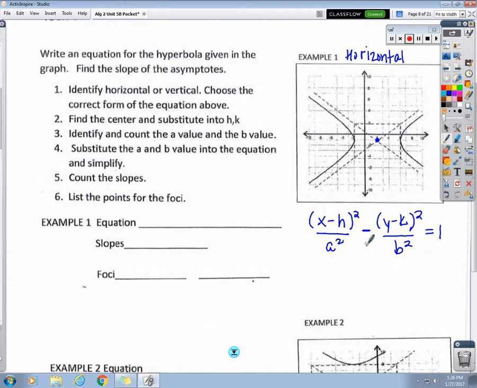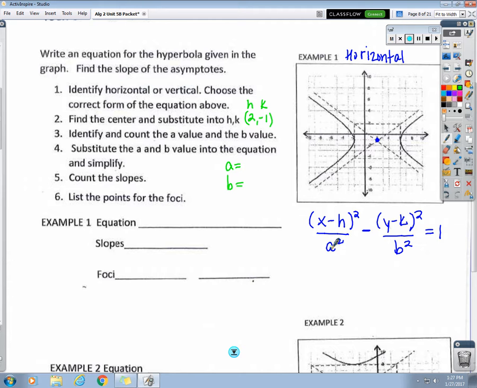Okay, well, to be able to write that equation, what do you have to know? The h and the k, which is your center, and this time the center is where? 2, negative 1. Okay, so your h is 2, your k is negative 1. What else do you have to know? Your a and b. Well for this one, isn't a under x?